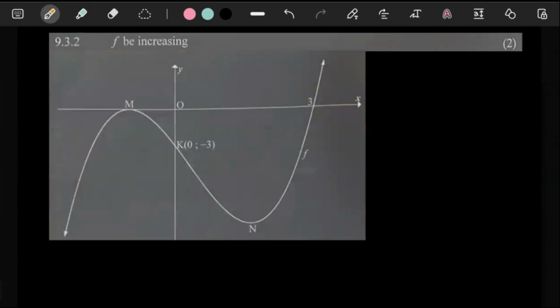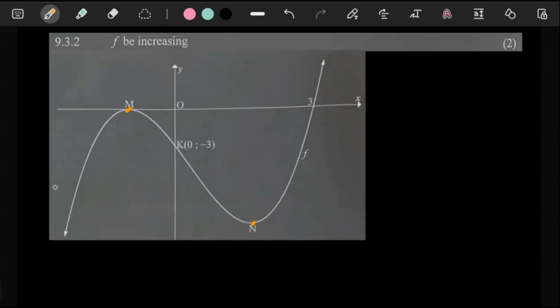Anyways, where is the graph increasing? In terms of where the graph is increasing, it's all about where the turning points are. Depending on where your turning points are, on the left or on the right of those turning points, one side will be increasing and the other side decreasing. But you always want to look at your sketch from left going to the right, the way it's behaving.